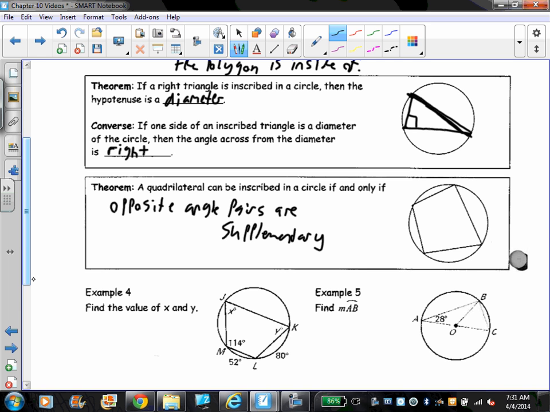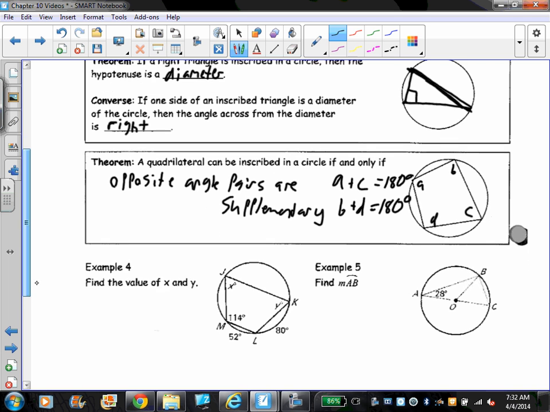So if we name these angles A, B, C, and D, this only works if A plus C equals 180 degrees, and B plus D equals 180 degrees. So we will find that useful coming up in the next example.